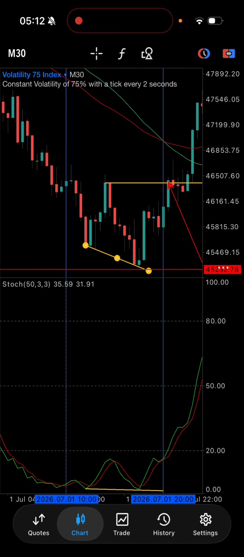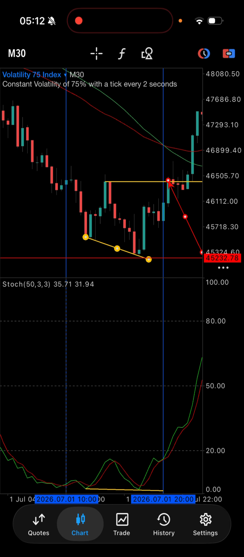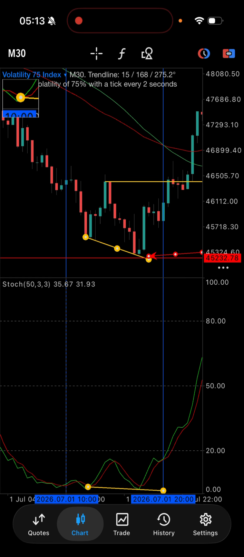Then you can see here we have this low and we have this low, a lower low. But on the indicator we have something different. You can see here. So in that case, this is what I was saying the other time.